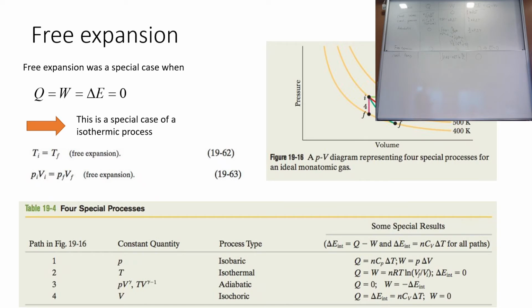And I think in this case there's no such thing as a specific heat, because obviously the temperature doesn't change, right? Constant temperature means the temperature is constant, so there's no such thing as a specific heat for constant temperature.